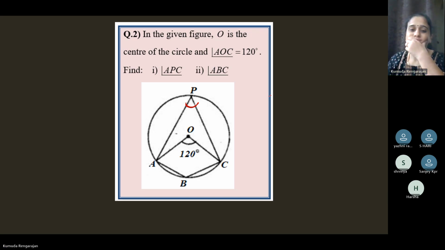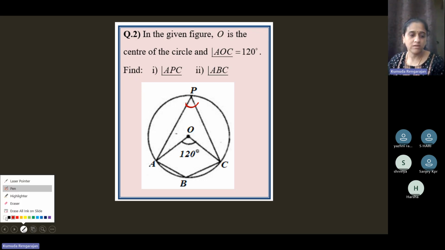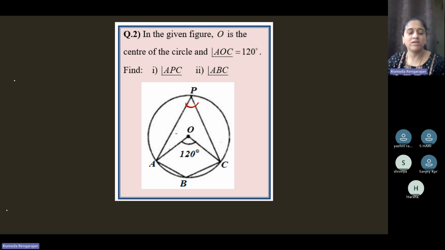No, APC is 60 because what's the property? Angle AOC is made by AC at the center. The same angle makes APC on the circumference.